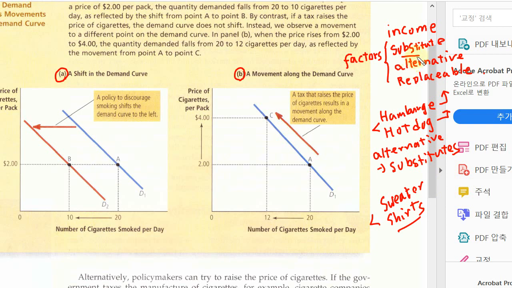So the substitute makes an influence on the demand of a certain product. As you can see, the substitute makes an influence on, for example, cigarette, and the demand curve will shift like A, not B. B is only adopted when the price of cigarette is varied.